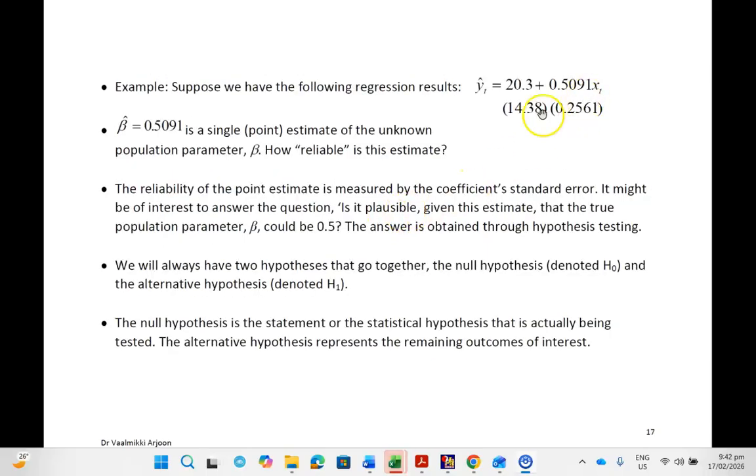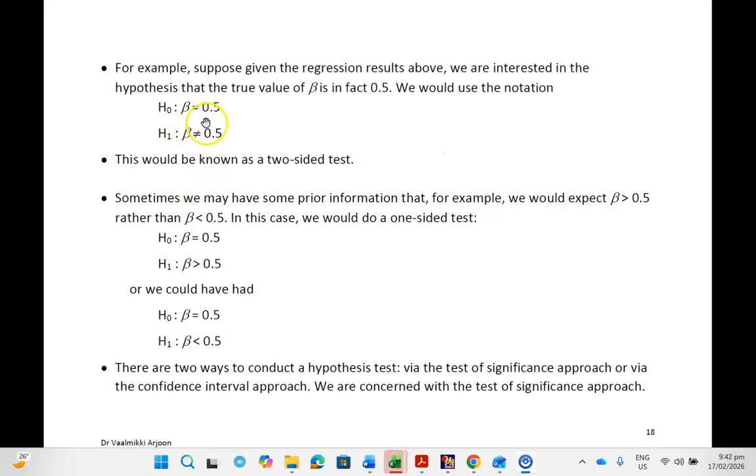We got beta hat to be 0.5091, so we want to test the hypothesis that 0.5 is indeed the true value. The null hypothesis is that beta is equal to 0.5. The alternative is that beta is not equal to 0.5, and this is known as a two-sided test.